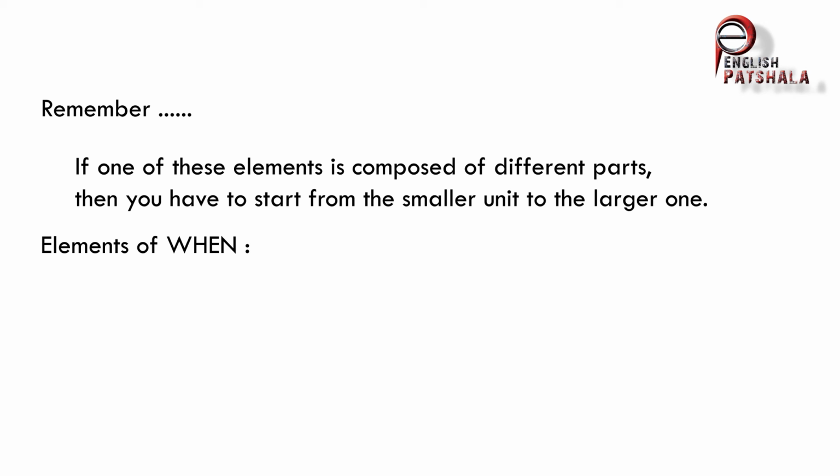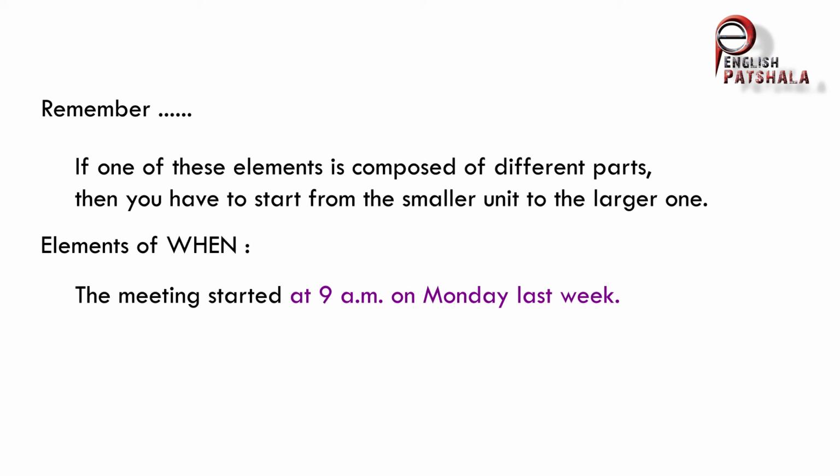If I say a sentence like, the meeting started at 9 on Monday last week. Here we put first the hour 9, then day Monday, and last we put week. So we started from the smaller unit to the larger unit.